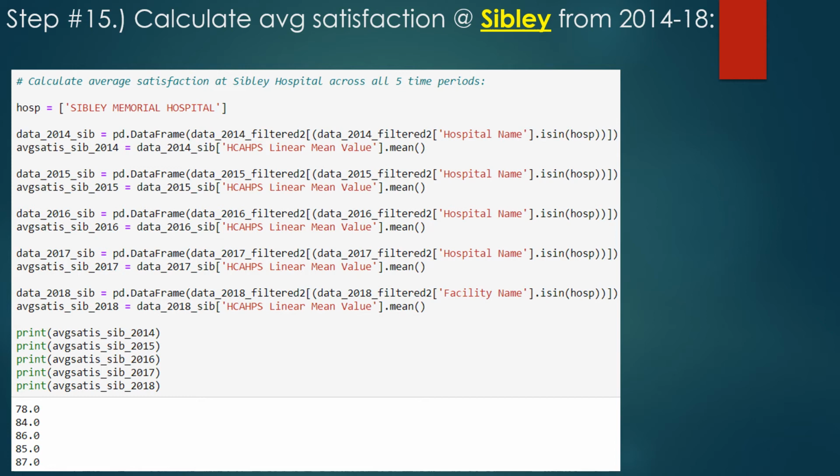And then 2015, we're doing the same thing, same with 2016, 17, and 18. And we're printing those averages here. These are the averages: 78, 84, 86, 85, and 87 for 2018.